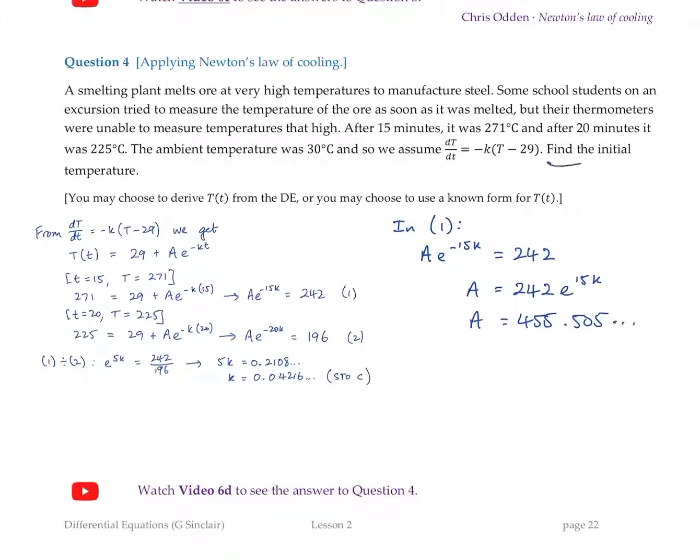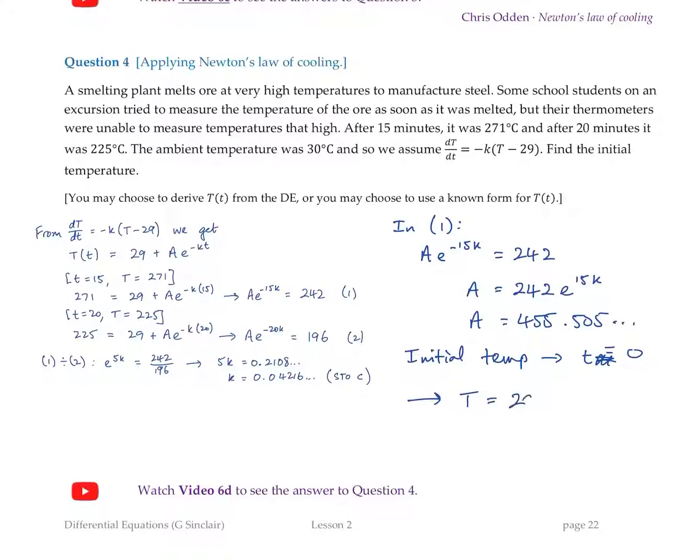What do we ask for here? The initial temperature. So for the initial temperature, t equals 0. Put that in.